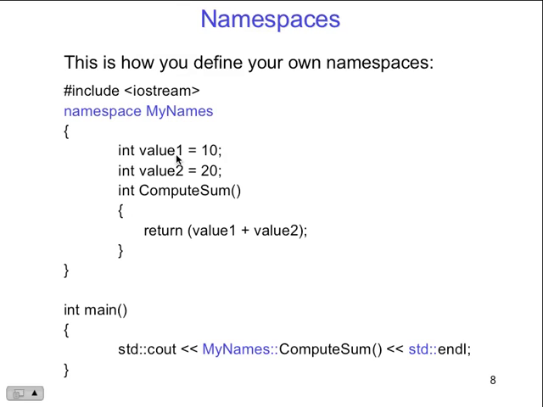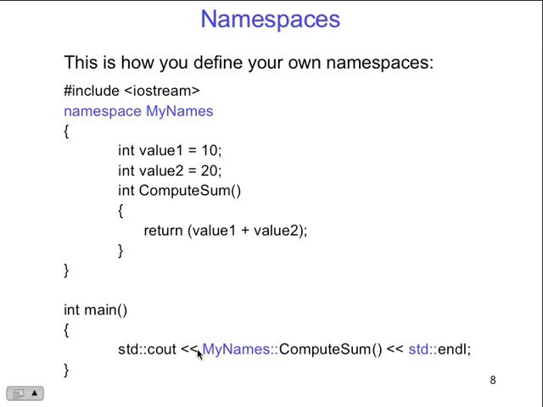Inside I have integer value1 equal to 10, integer value2 equal to 20. And I have a function in here, computeSum, and the computeSum is going to return the values of the two added together. And then out here in main, I've got std, because I didn't say include out here. I didn't include it. I just created this namespace my names.